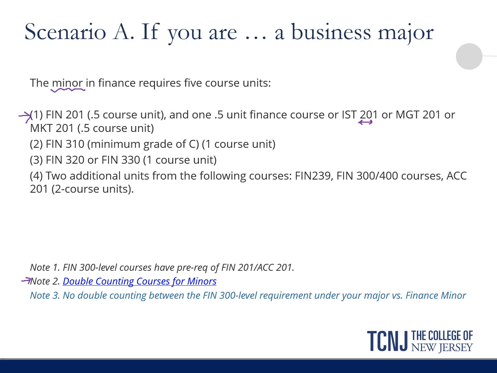Moving on, Finance 310. Let's say that you have taken Finance 310 under your management major. If you take a look at the check sheet of the management major, you also have a Finance 300 level course requirement.